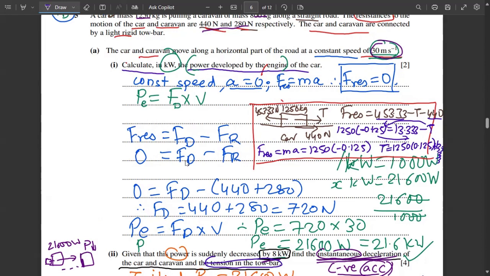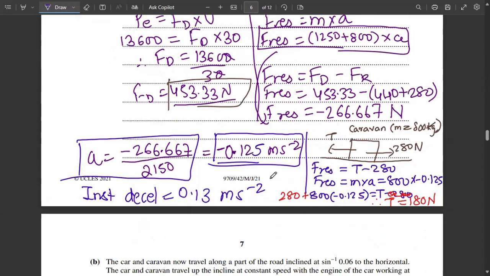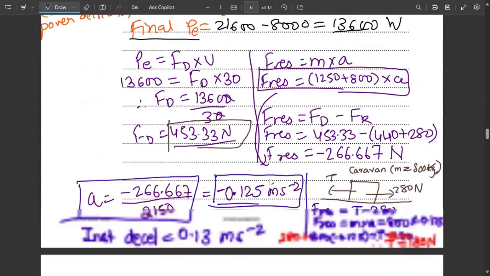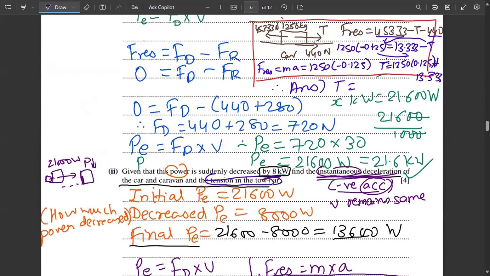Now if I put this in the calculator, the answer for T I'll get is 1250 into 0.125 answer plus 13.3333. So the answer I got is 180 Newton. The value for T is 180 Newton.